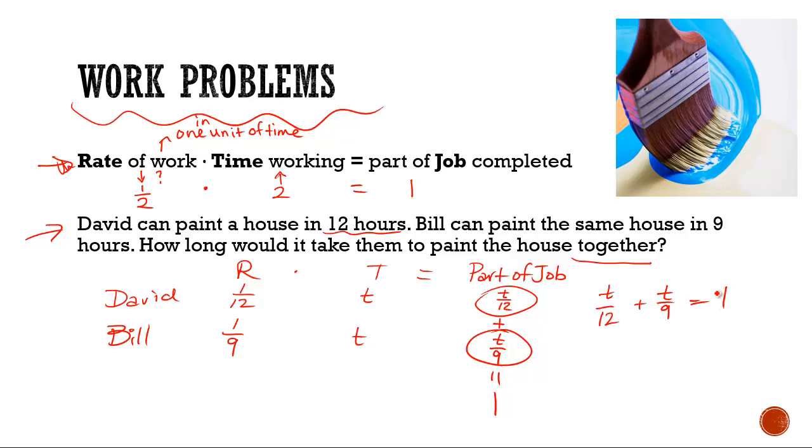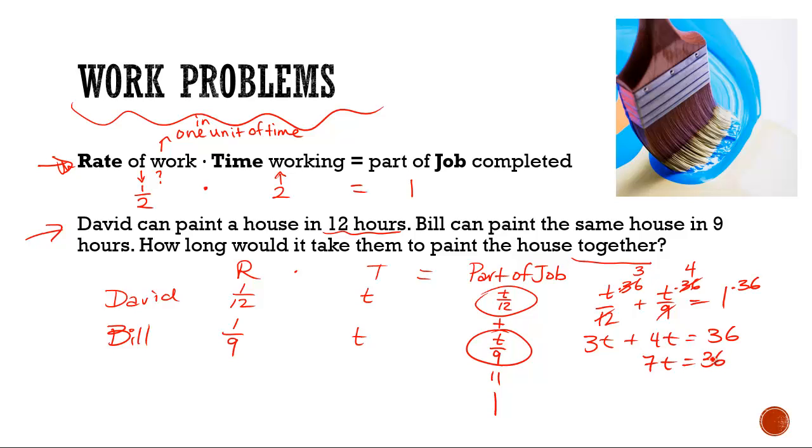And now, just as we solve, we can multiply through by the lowest common denominator, which in this case would be 36. So we multiply everything by 36, and we get 3 and 4. So 3t plus 4t is equal to 36, giving us 7t is 36.